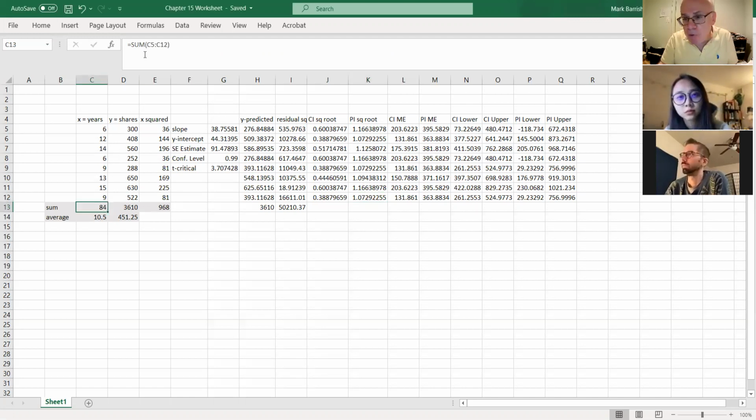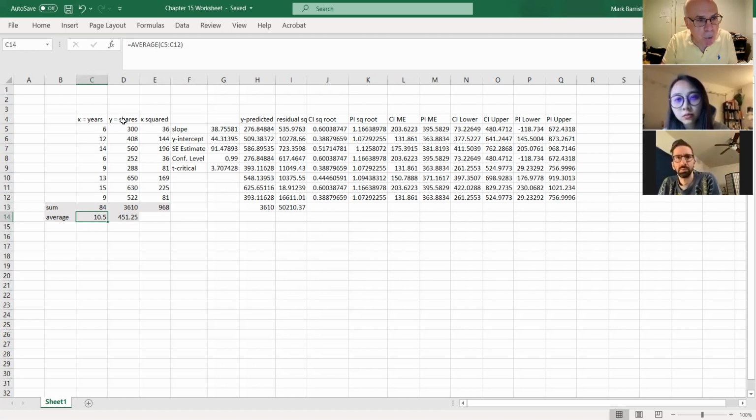You always do equal to before you use a function, all right? Equal to any formula. So it's equal sum, and then you just highlight the cells that you're adding up, C5 through C12 in this case, and you get 84. And for the average, you use average for the function, all right?